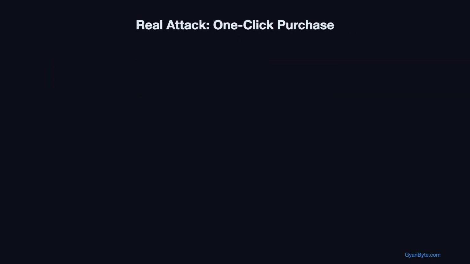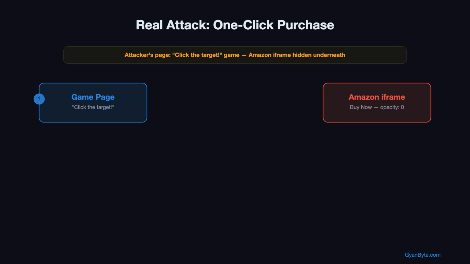Real attack number 1. Amazon one-click purchase. The attacker creates a page with a game, click the target. Behind the game, there's a hidden iframe loaded with Amazon's one-click buy page for an expensive item. You're logged into Amazon, most people stay logged in. The attacker positions the buy now button exactly under the game's click target. You click the target in the game, your click hits the invisible buy now button.